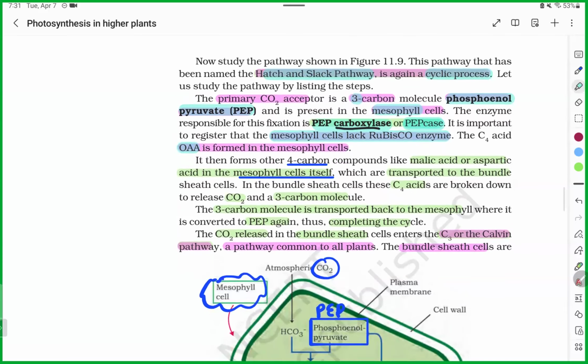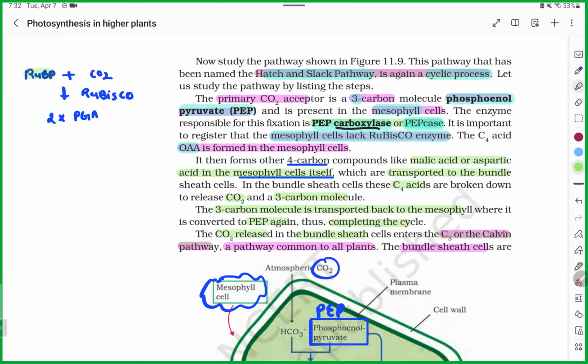So in C3 plants क्या होता है कि when you take RuBP, RuBP reacts with one CO2 and produces two molecules of PGA, phosphoglycerate. Correct. So what is the primary acceptor in C3 plants?